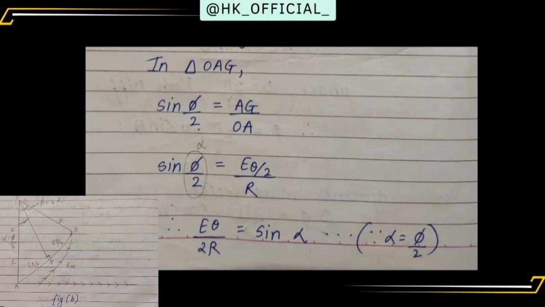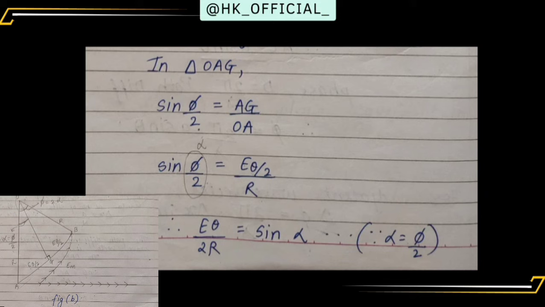Now in this figure, you have to consider triangle OAG. In this OAG you have to find the sine of the angle. The angle we are using is phi by 2, so in place of theta it will be phi by 2. So you write sine phi by 2 equal to, in triangle OAG, AG upon OA.